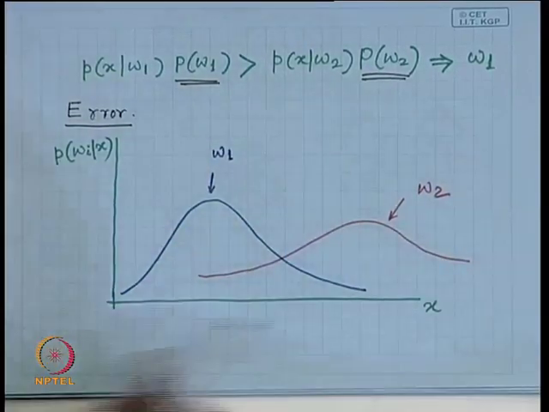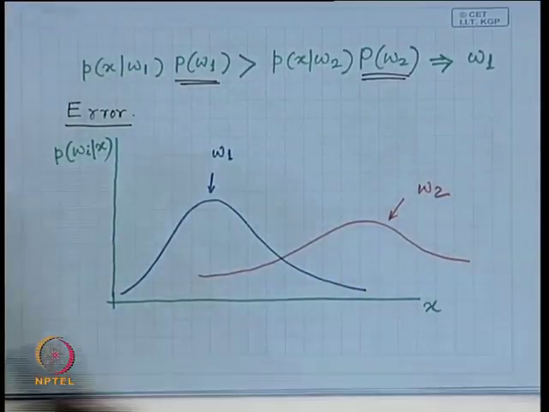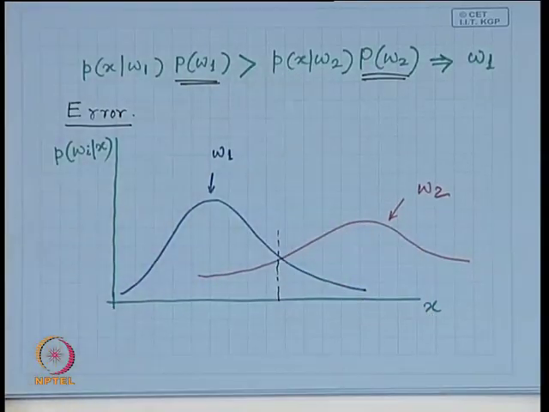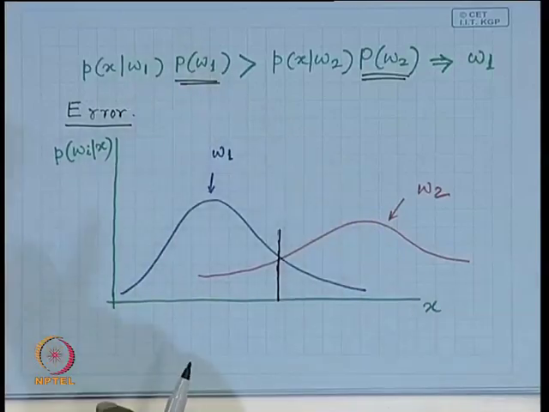Okay. So, my decision boundary is actually the point where p of omega 1 given x is the same as p of omega 2 given x. Okay.